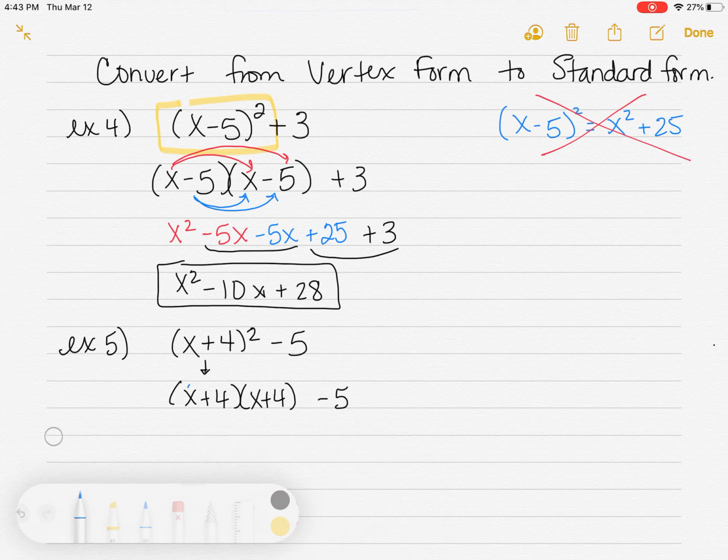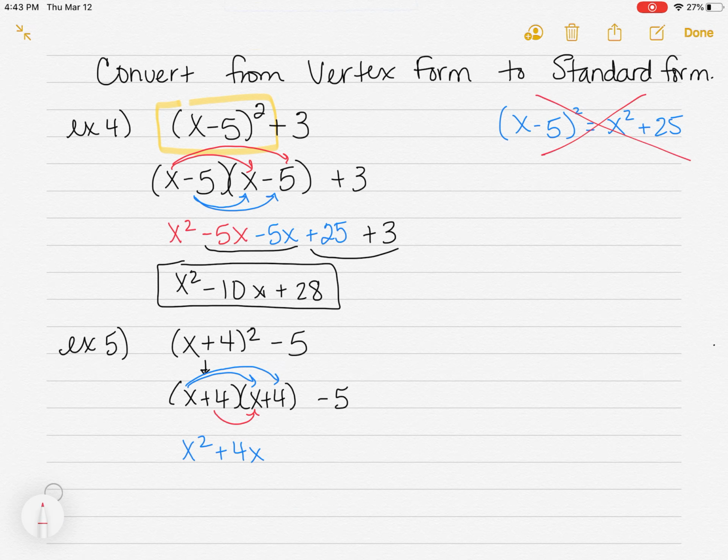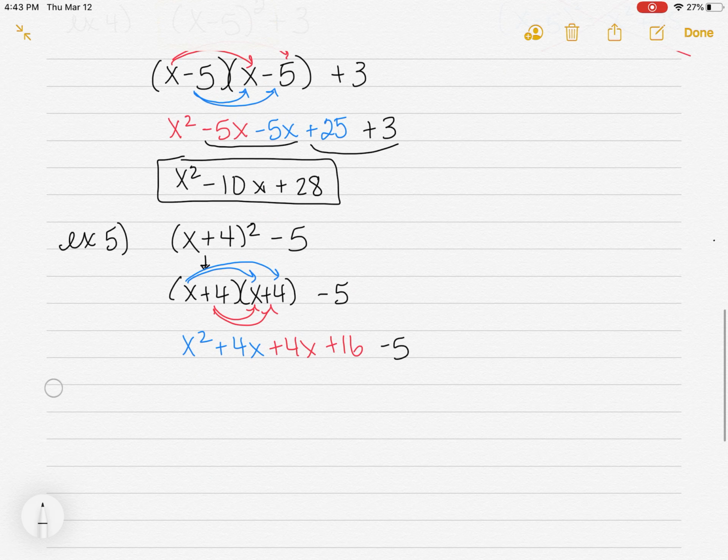Right, we're going to distribute, so x times x, which is x squared, x times 4, which is 4x, and then 4 times x, which is 4x, and 4 times 4, which is 16, and then of course I don't want to forget that minus 5 at the end. Right. Combining like terms, I'm going to get x squared plus 8x plus 11.